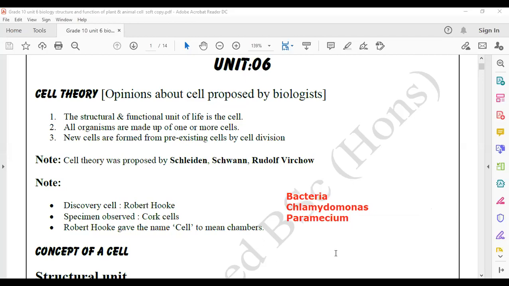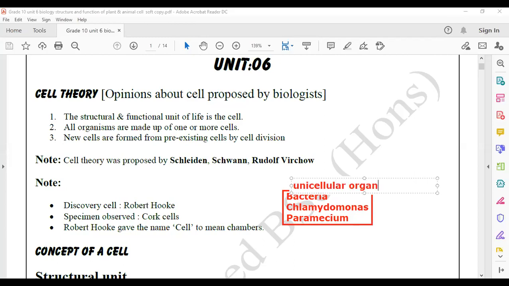These organisms are classified as unicellular organisms.